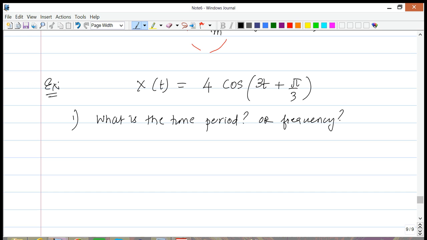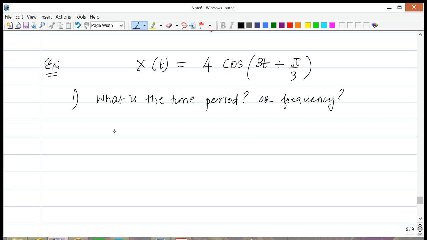Okay, so pause at this moment and see if you can answer this question. This is a typical multiple choice situation that you will have. So what is the time period, or what is the frequency? So pause. Now I'm assuming that you paused, and I'm going to move on. Alright, so I'll compare this with x equals A cosine omega t plus phi.